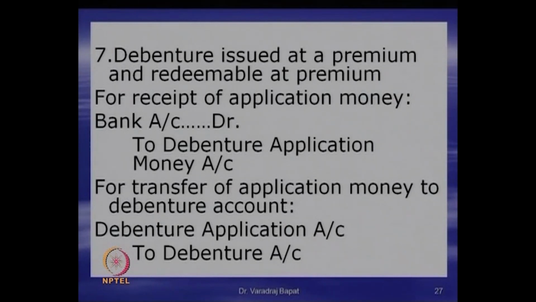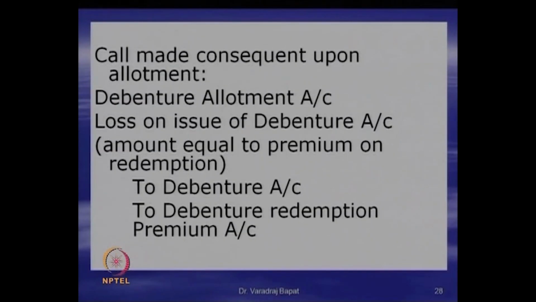Now the seventh case. Now debenture is being issued at a premium and it is also being redeemed at a premium. So what happens is, the company collects more than 100, let us say it collects 105 rupees, and at the time of redemption it pays 105 also. The first entry remains the same: bank account debit to debenture application money account. Now the money is transferred, that is also the same: debenture application to debenture.